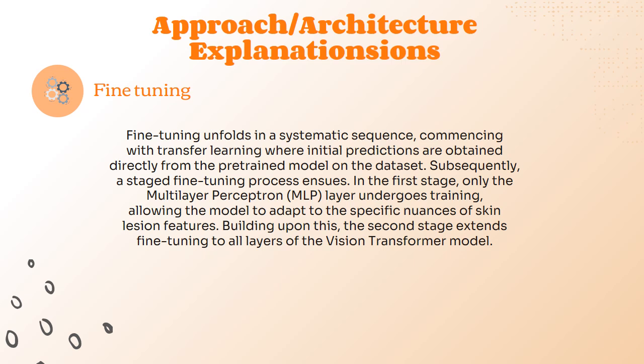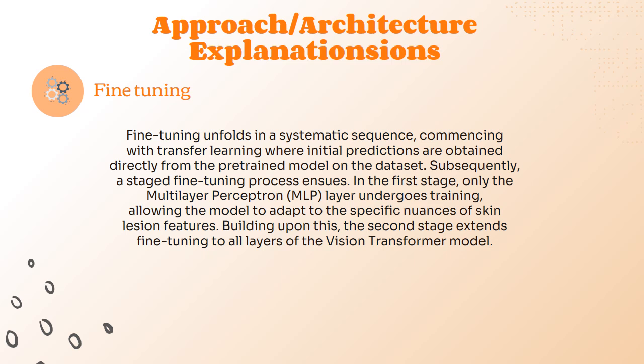Fine-tuning unfolds as a systematic sequence commencing with transfer learning, where initial predictions are obtained directly from the pre-trained model on the dataset. Subsequently, a staged fine-tuning process ensues. In the first stage, only the multilayer perceptron undergoes training, allowing the model to adapt to the specific nuances of skin lesion features.